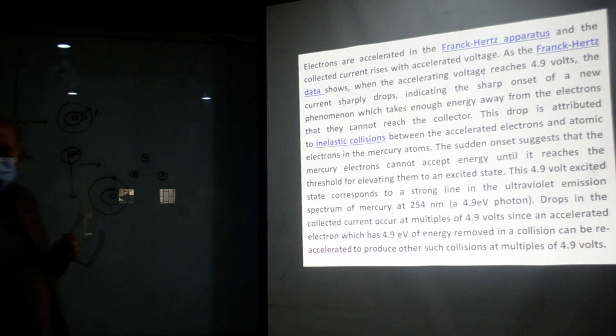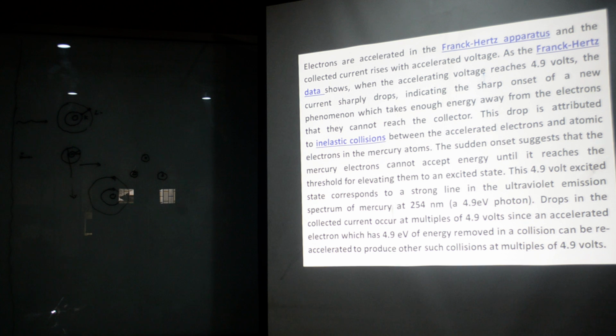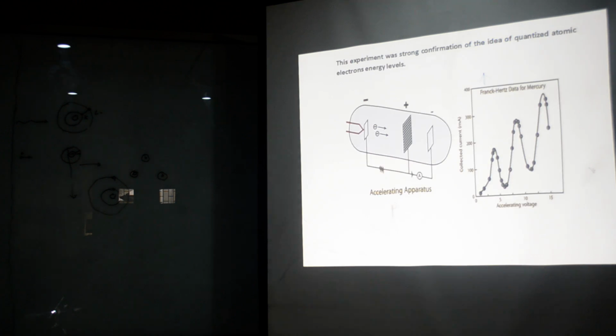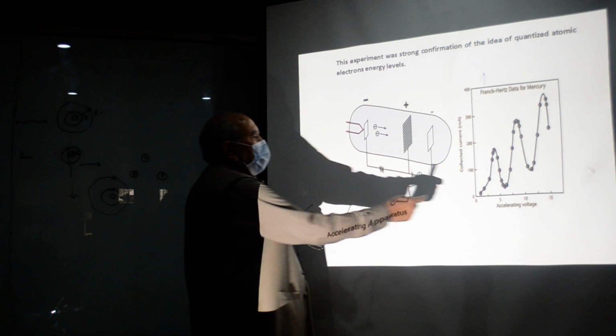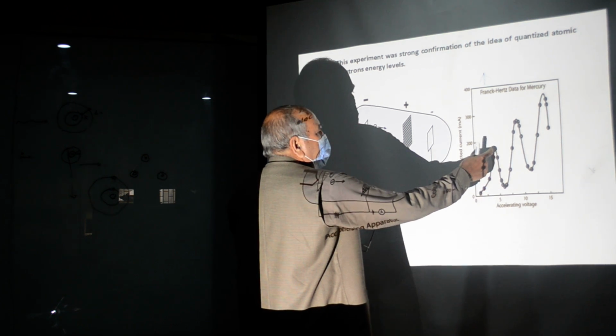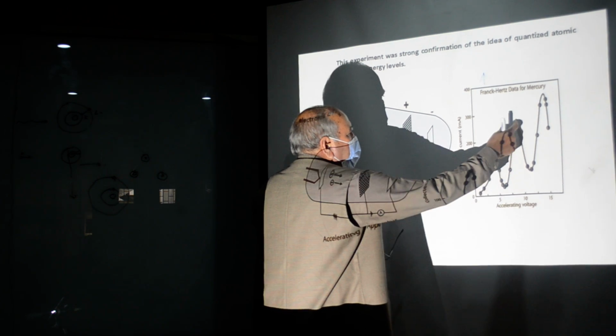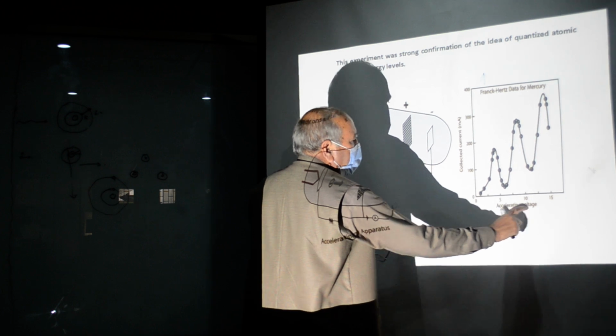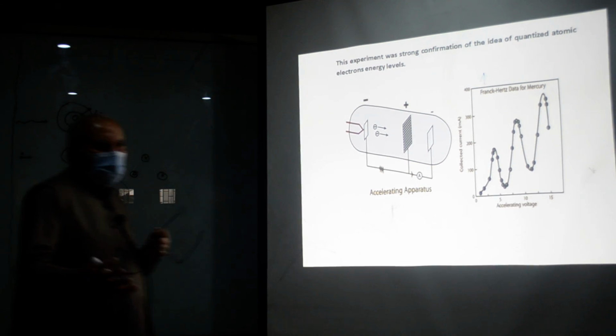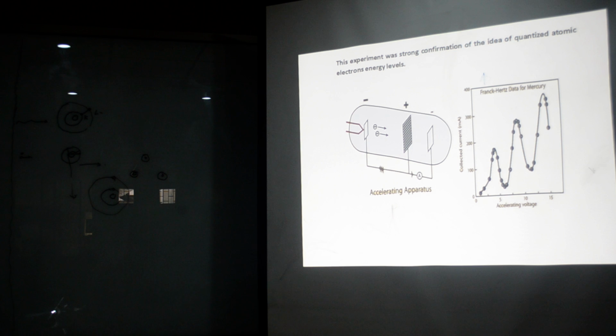So you can see here the atomic electrons are not getting any energy until their energy becomes equal to this, or this becomes equal to this. This is the accelerating voltage V, and if we multiply V with the charge of the electron, this will give me the kinetic energy and potential energy.